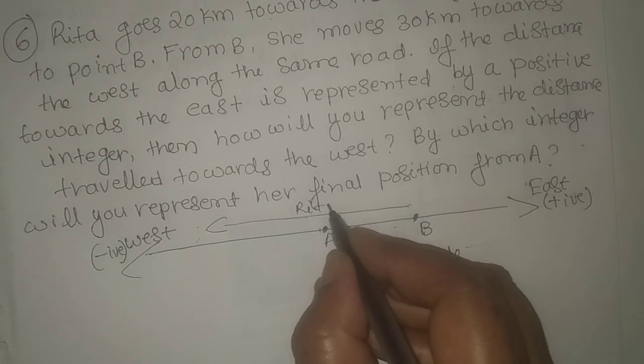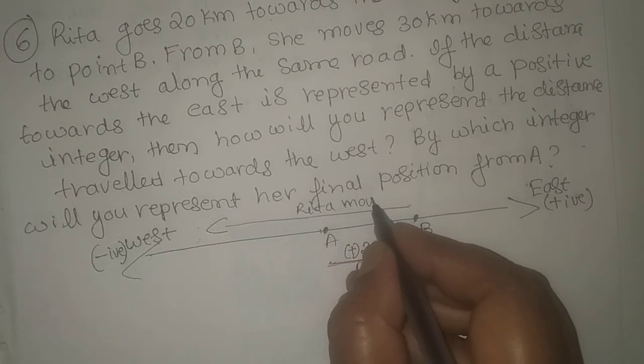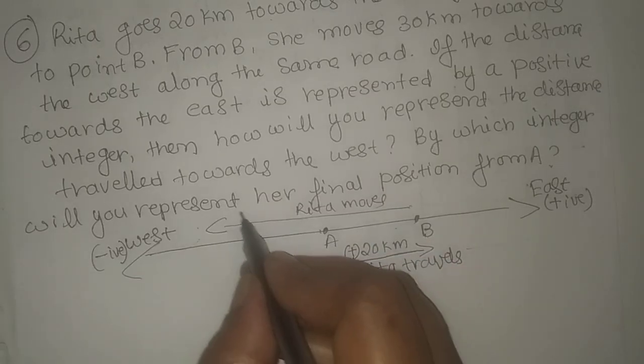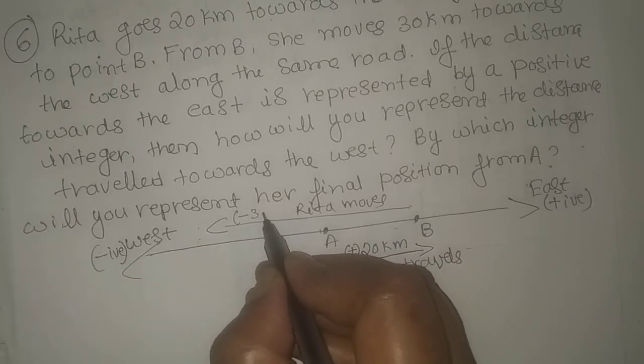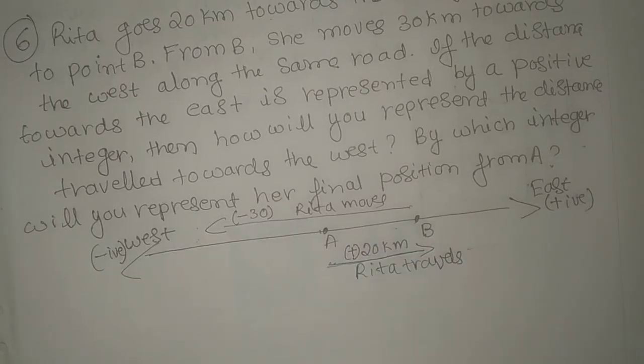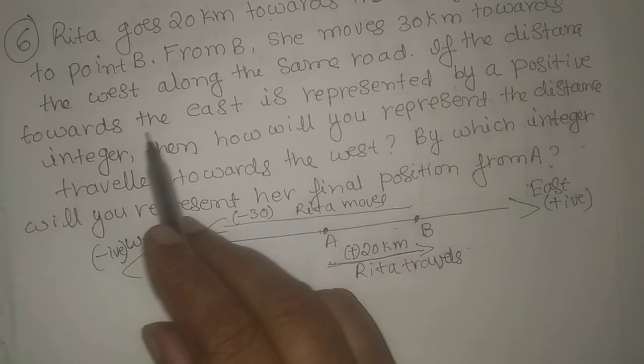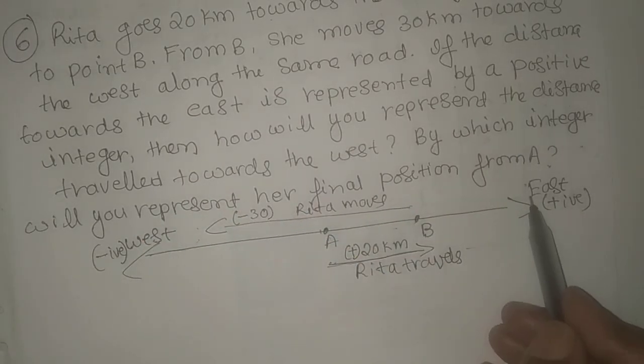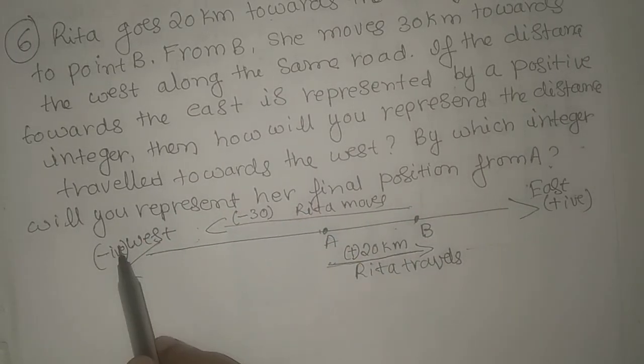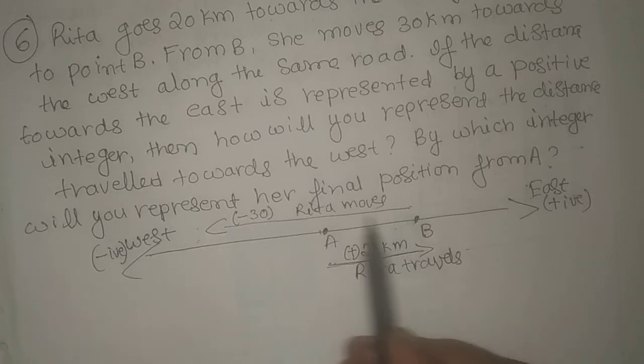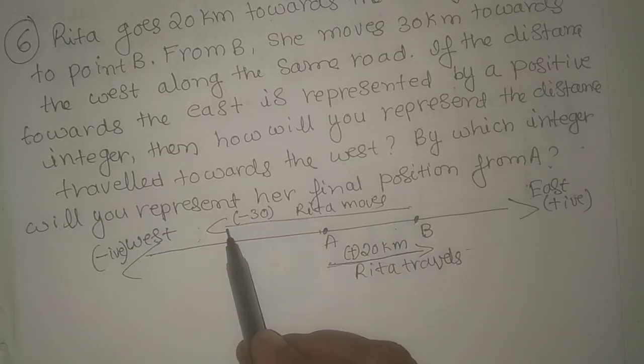Then Rita moves, that is negative, we have to take it as negative, that is minus 30. If the distance towards the east is taken as positive, the distance towards the west is taken as negative. She moves from here 30 kilometers.